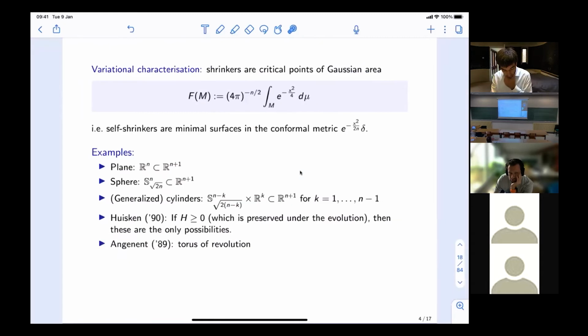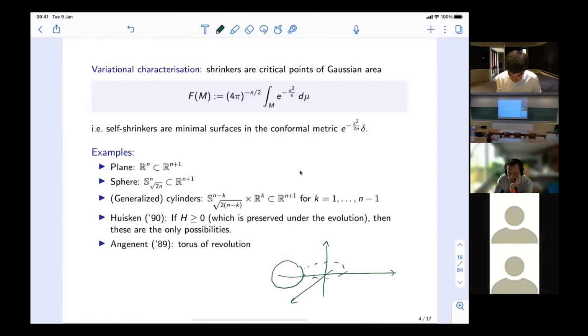And okay, here's already another example. It was an example by Angenent. I'm just not drawing space-time here now. There's a torus of revolution, we just revolve here. So it's not a round sphere, it's a bit more egg-shaped. And there's a torus which shrinks down to a point in finite time.